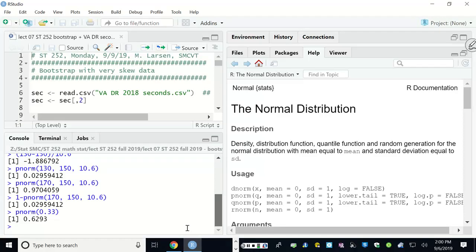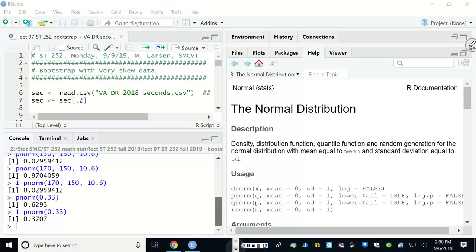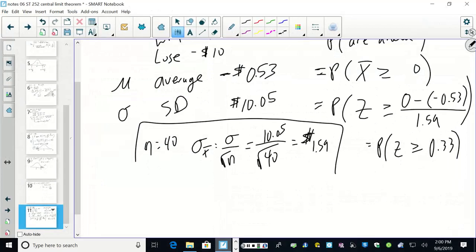But that would be the probability less than. If you take 1 minus, that's the probability it's bigger. So it's about 0.37, a 37% chance or so that you're above 0.